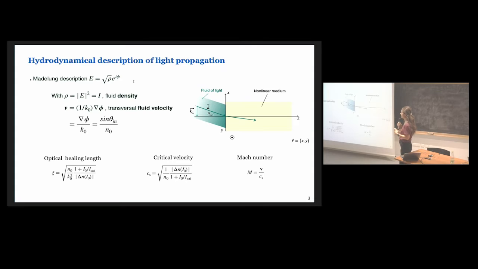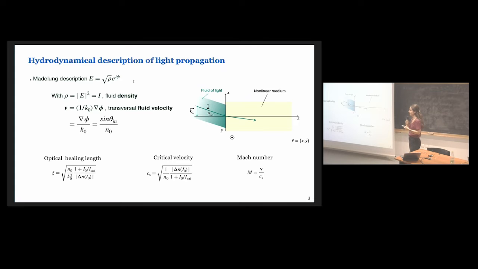Now, it's very intuitive to understand the first condition, as experimentally it's very easy to control the intensity of the laser, but it's less intuitive to understand the second condition. So for that, I will give you a simple example. If we shine light upon our nonlinear medium and we take the gradient of the phase, we can see that it is directly related to the sine of the angle of incidence.